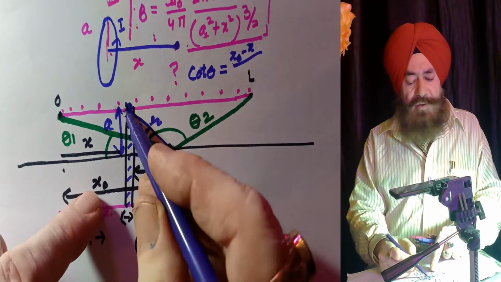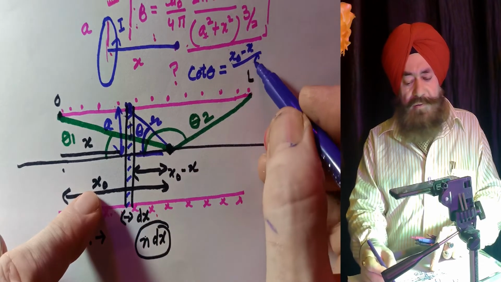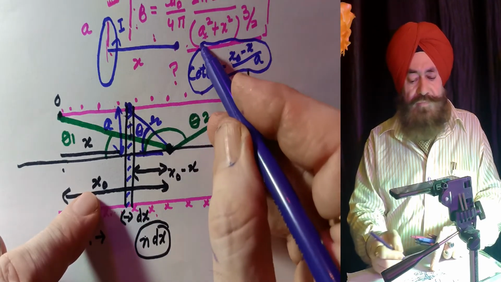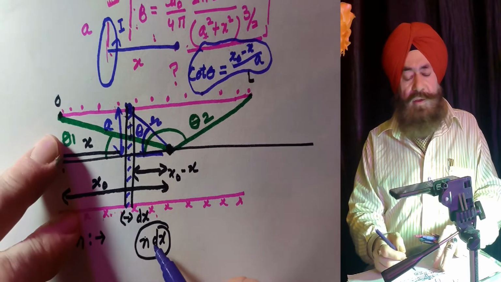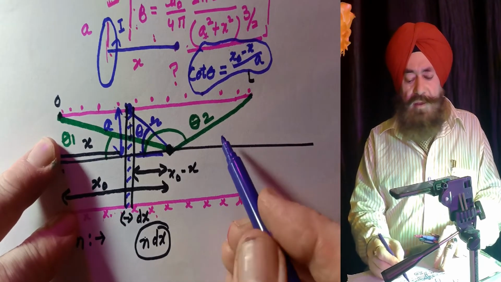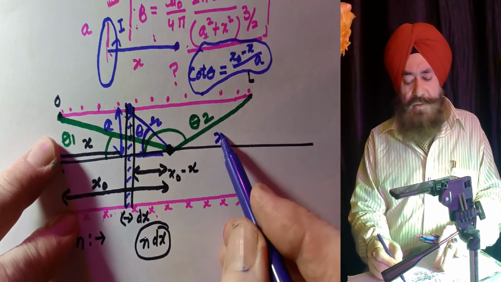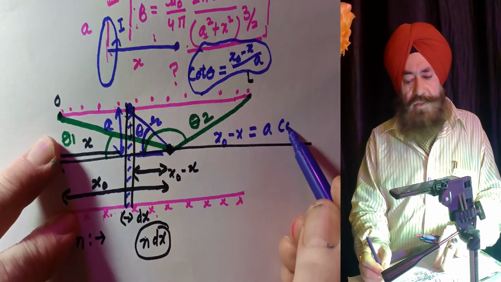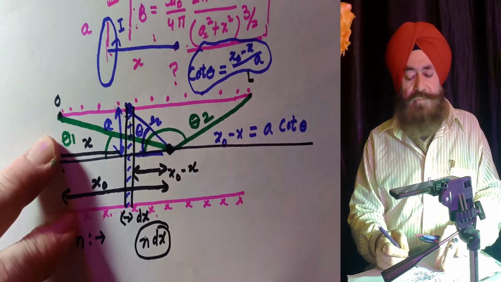And what is the perpendicular? It is a. So this is our cotangent theta. Or you can say x naught minus x is a cotangent theta.